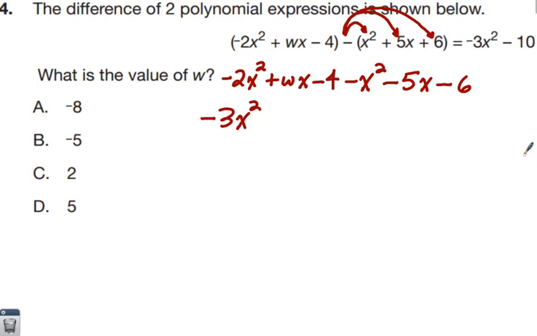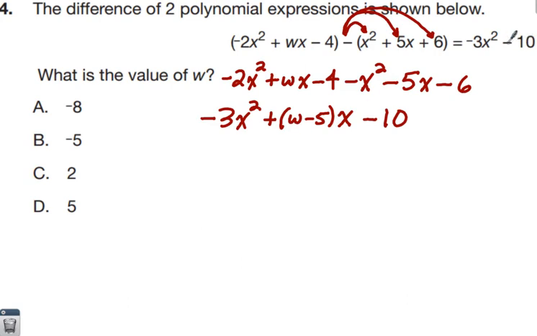And if we go to combine the wx with the negative 5x, if that w was a number, we would just combine it with the negative 5 and get whatever w minus 5 is with the x variable. And then the negative 4 and the negative 6 will combine into, surprise, surprise, negative 10.